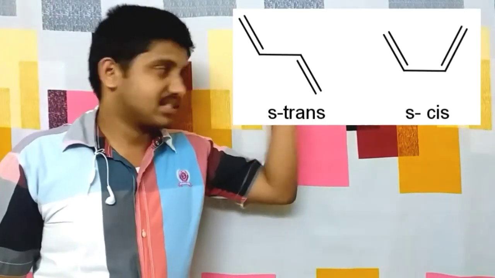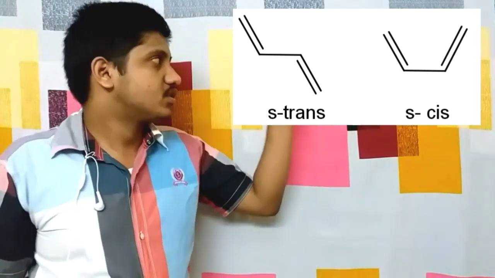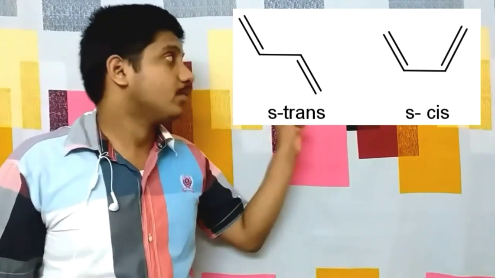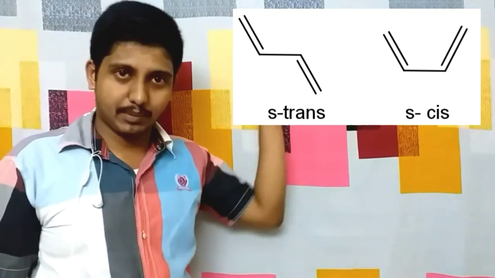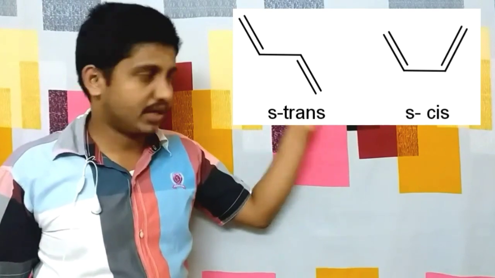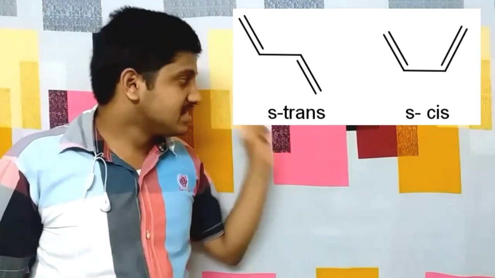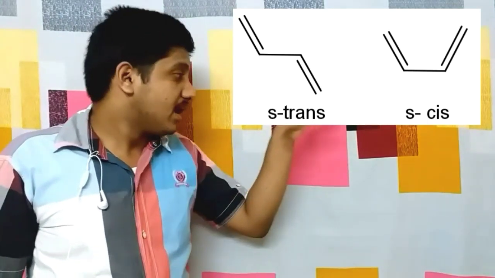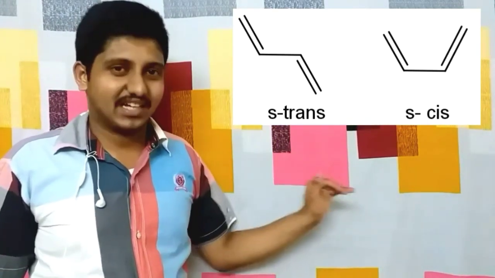Now let's see how single bonded carbon atoms with double bonds on either side show geometrical isomerism. The example is as shown here: buta-1,3-diene. Here we have S-cis-1,3-butadiene, where the double bonds are on the same side of the single bond, while we have S-trans-buta-1,3-diene, where the double bonds are on opposite sides of the single bond.